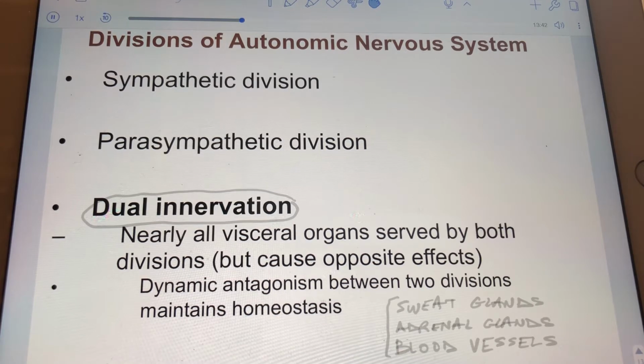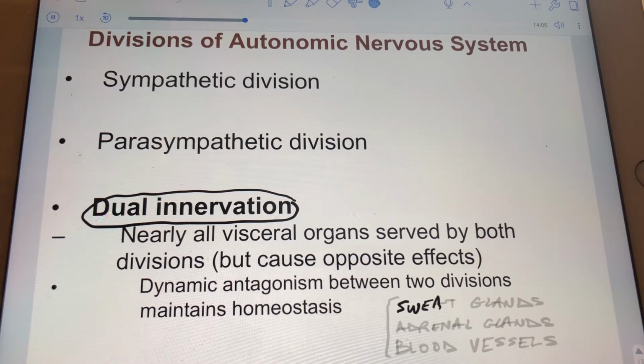Most of the targets or effectors of the sympathetic nervous system are also innervated by the parasympathetic nervous system. In other words, most targets are dually innervated. Are there some exceptions? Yes.